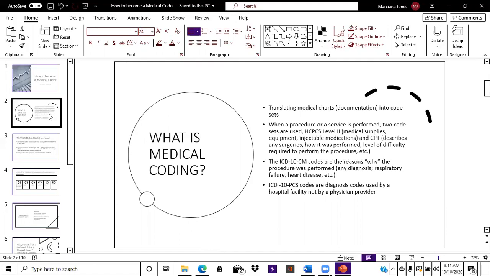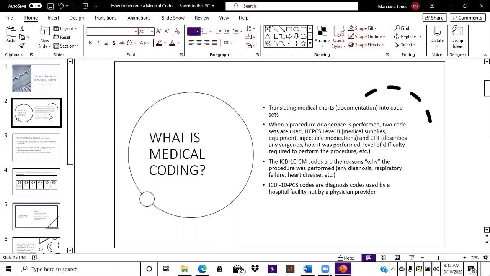There are two versions of the ICD-10 code book. The ICD-10-CM is primarily for physician offices and things like that. And then the ICD-10-PCS codes are used in facilities like hospitals.